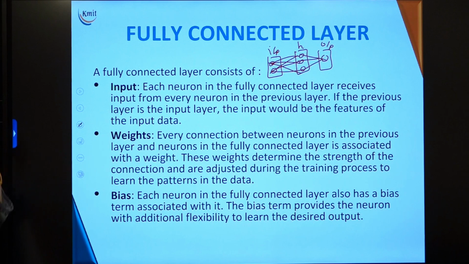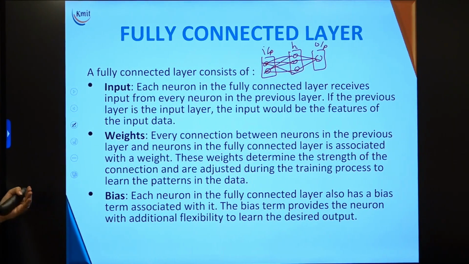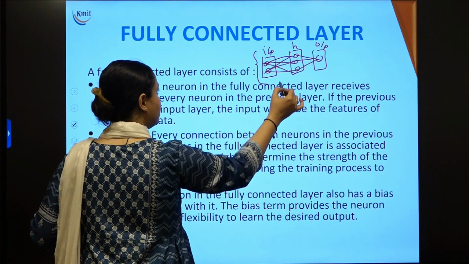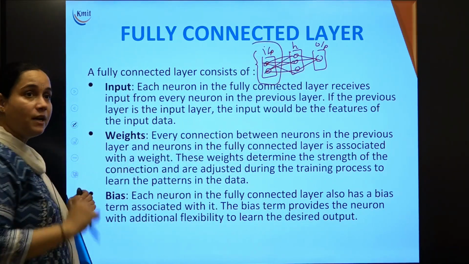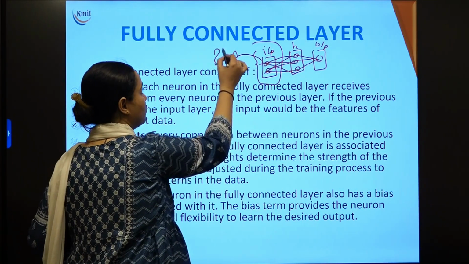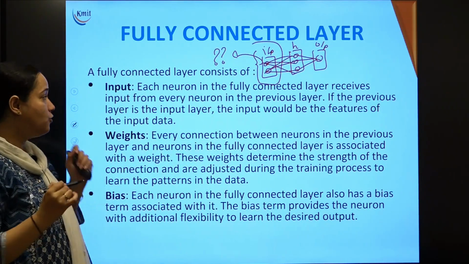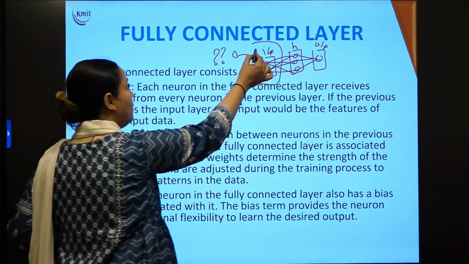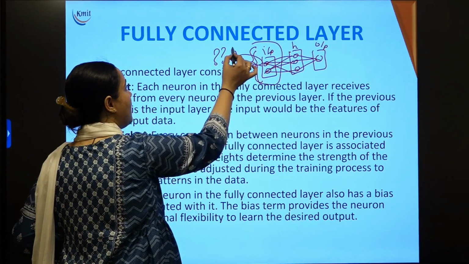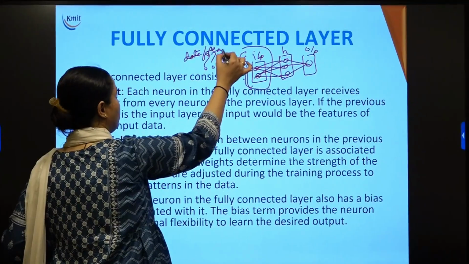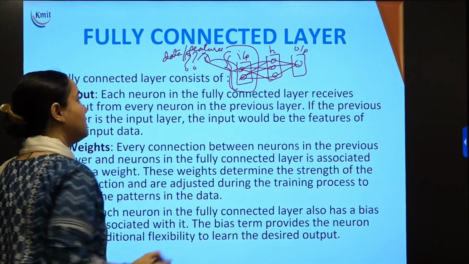Now if this is your previous layer and if this is your input layer, then what will it have? There is no connection to this side. Then what should it have? It should be having whatever data that you are supplying. So the input layer will be having input as your data or features of your data.